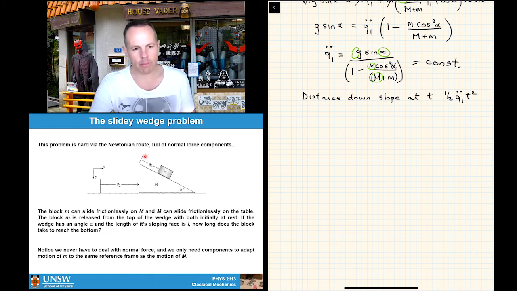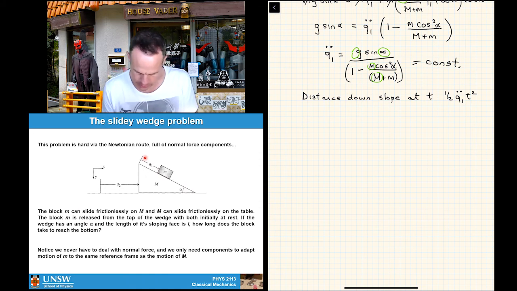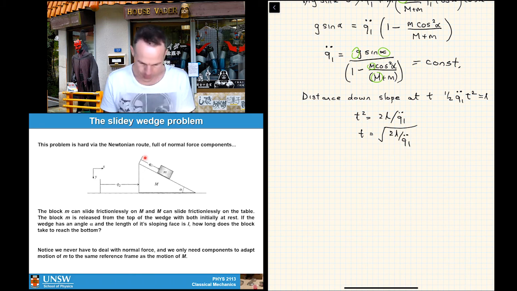And now we're working back in q rather than x and y, okay? And that distance is going to be equal to L. So we can solve for t here. T squared will be 2L on q double dot, or t is equal to the square root of 2L on q1 double dot, right?